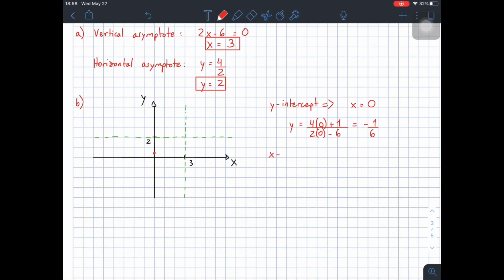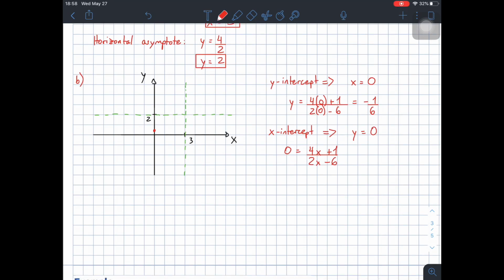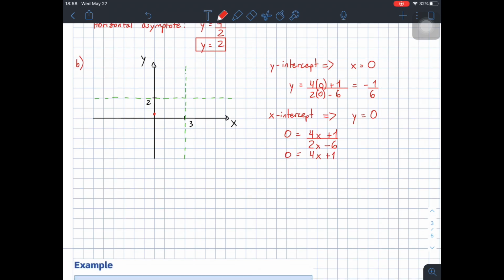And now the x-intercept, which is found by setting y to 0. So 0 equals 4x plus 1 divided by 2x minus 6. If we solve for x, we multiply the denominator by 0, so that will still be 0. So this would be 0 equals 4x plus 1. And if we solve for x, we'll have negative 1 divided by 4.